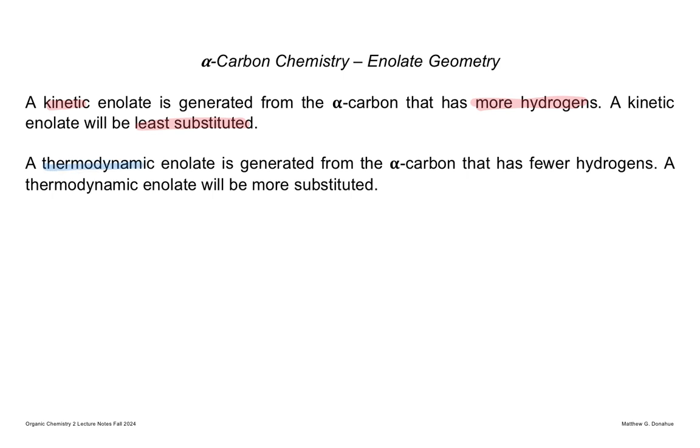The thermodynamic enolate comes from the alpha carbon with fewer hydrogens, and it's more substituted. And what, again, we're funneling in on here is how can we choose a base that's going to favor one over the other?